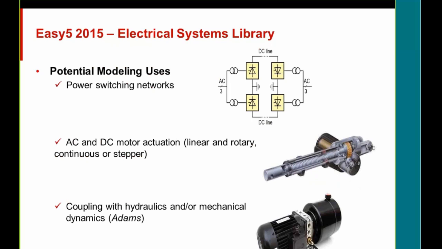If you have systems that are coupled with hydraulics or mechanical systems that are powered by electric motors or run generators or have control systems that are designed with electrical controls, that can be also modeled with this library.